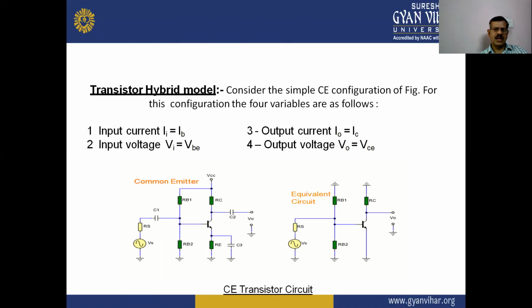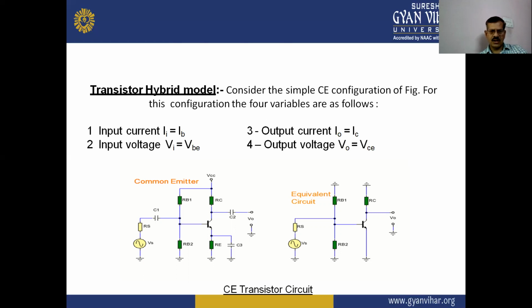First variable, input current Ii equal to IB, the base current, and second, input voltage Vi equal to VBE, or voltage base to emitter, and third one is output current Io equal to IC, where IC is the collector current, and fourth one is output voltage Vo equal to VCE, where VCE is the voltage collector to emitter.